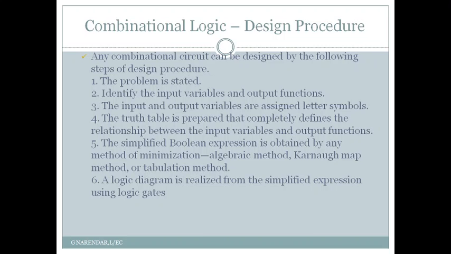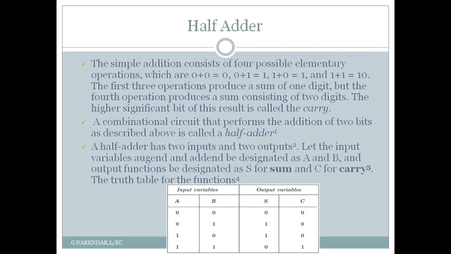So next we'll look at the first combinational logic that we are going to design. It is the circuit called half adder. Addition is the basic operation and the basic function performed by a digital system.